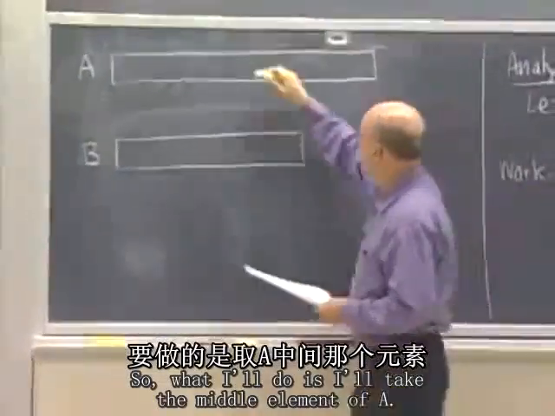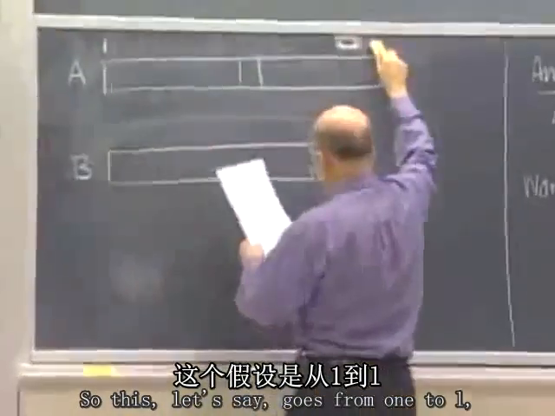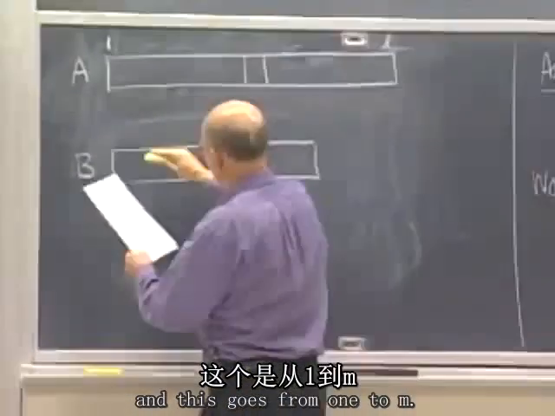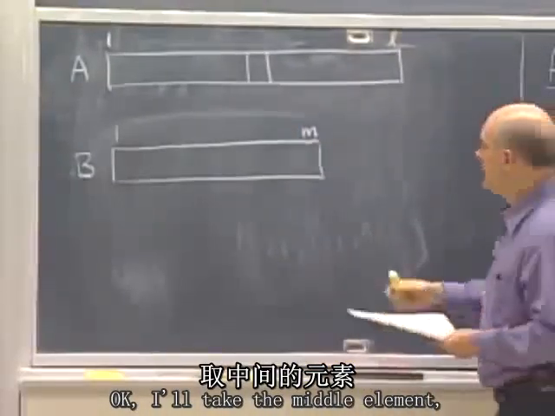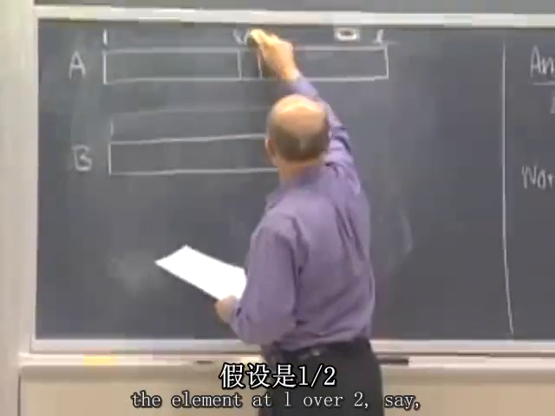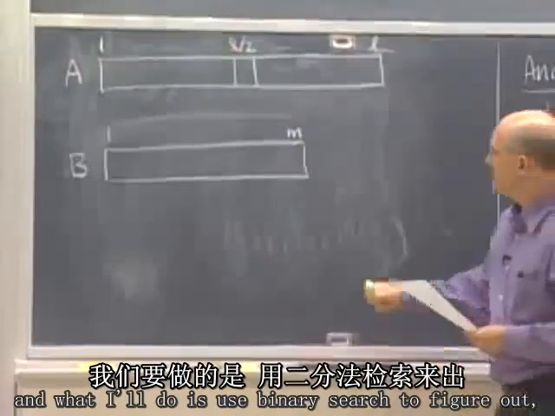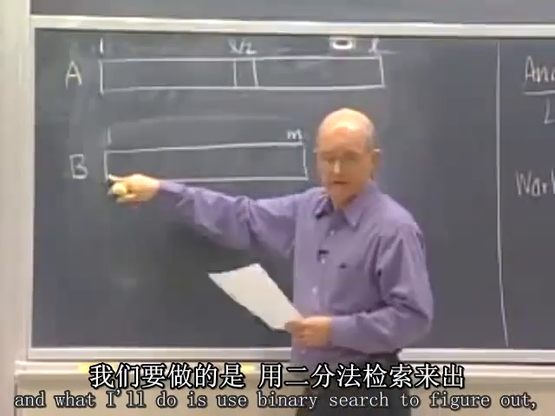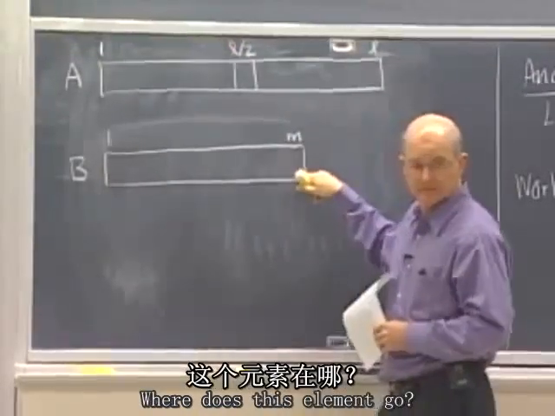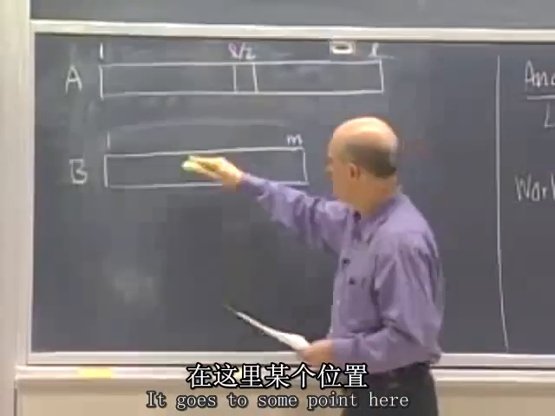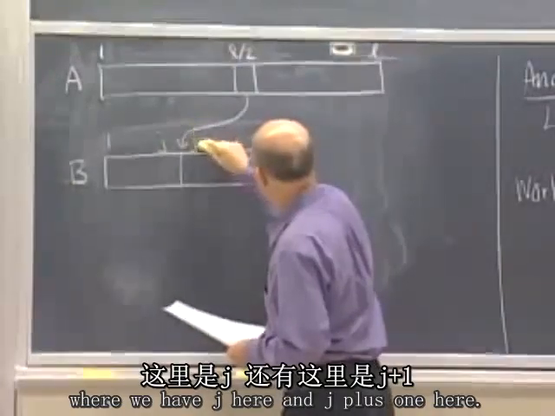So what I'll do is I'll take the middle element of A. So this, let's say, goes from 1 to L. And this goes from 1 to M. I'll take the middle element, the element at L over 2, and use binary search to figure out where it goes in the array B. It goes to some point where we have J here and J plus 1 here.